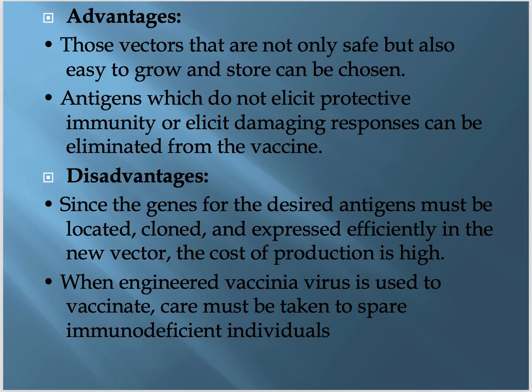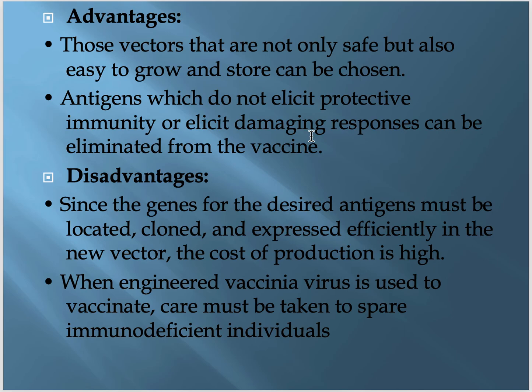Now the recombinant vaccines also have some advantages and disadvantages. First, advantages. Vectors that are not only safe but also easy to grow and store can be chosen. And antigens which do not elicit protective immunity or elicit a damaging response can be eliminated from the vaccine, because we are choosing the gene.